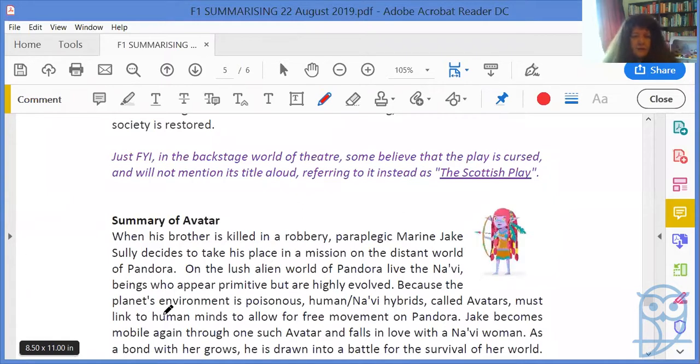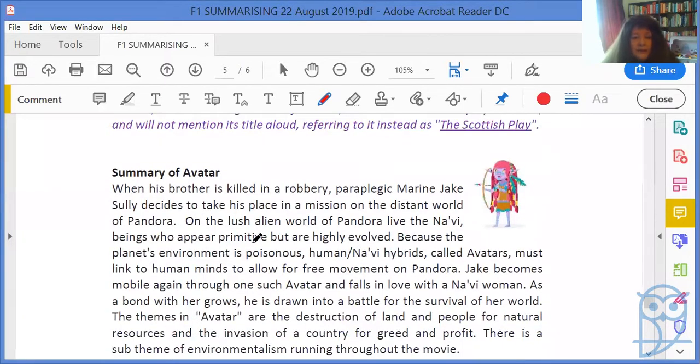Right, Avatar, what's it about? When his brother's killed in a robbery, paraplegic Marine Jake Sully decides to take his place in a mission to the distant world of Pandora. On the lush alien world of Pandora live the Navi, beings who appear primitive, but they actually are highly evolved, highly intelligent.